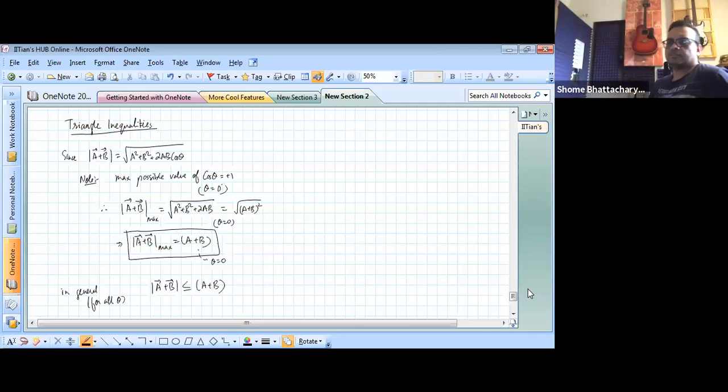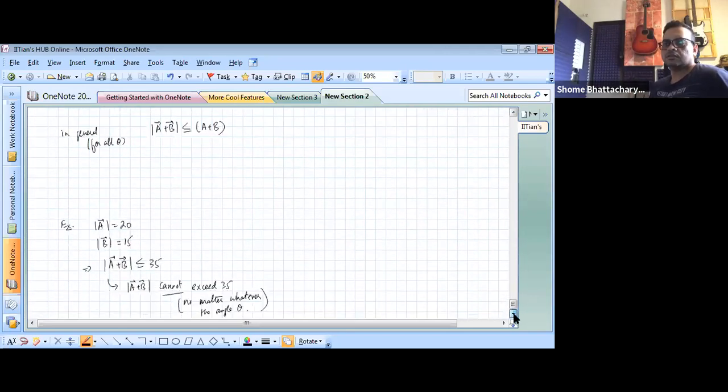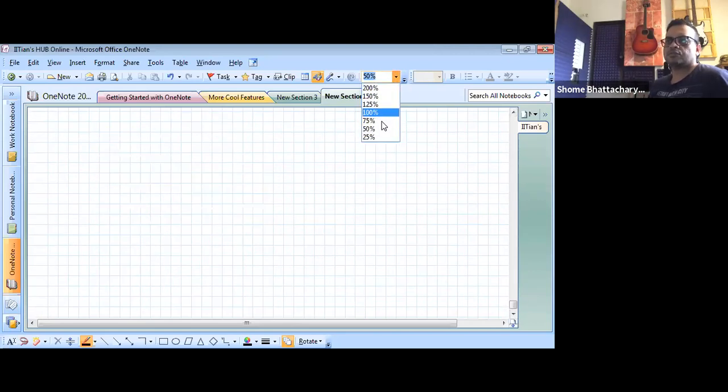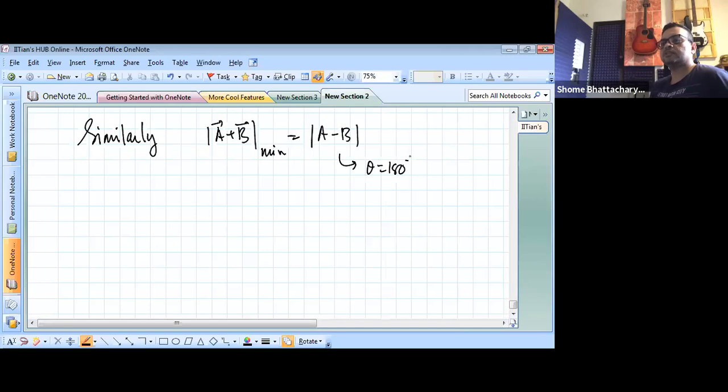So we've seen the derivation of this thing last time, and similarly we've also seen that mod of a plus b's minimum possible value is the difference of their magnitudes, and this occurs when theta is equal to 180 degrees, because cos theta's minimum possible value is -1 for theta equal to 180 degrees.